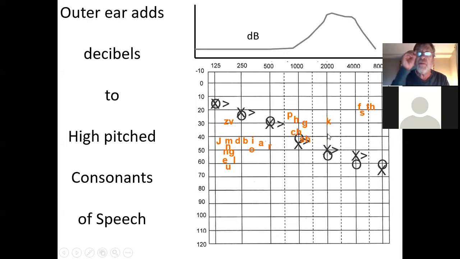And that's very important if you think of the words cat, hat, sat. I'll stop sharing. Cat, hat, bat, sat, mat. What made them different was the high-pitched consonants. And high-pitched consonants are soft. They're not very loud.